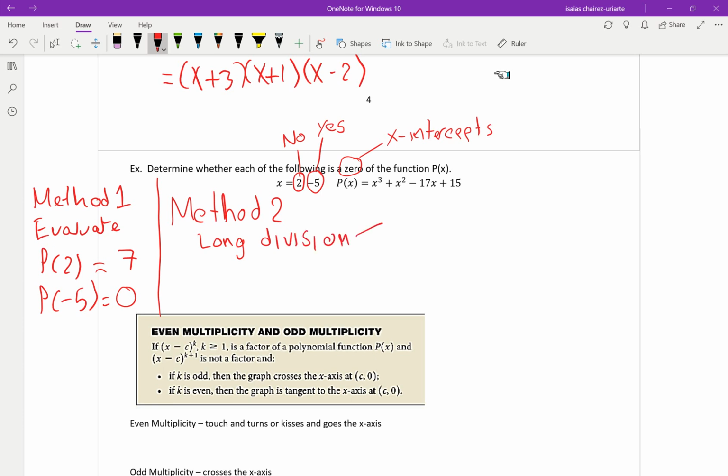All right, so let me show you how I would test. Right now I want to know, is x equal to 2 a 0? That's the question that we want to answer, and we want to answer it by using long division. Well, this is the same thing as asking, is x minus 2 a factor?